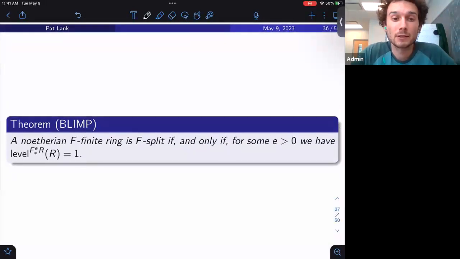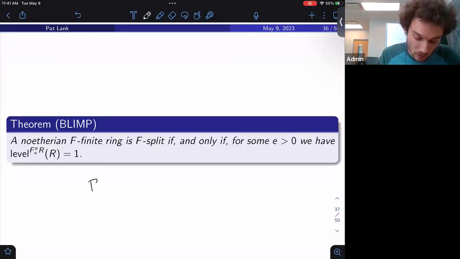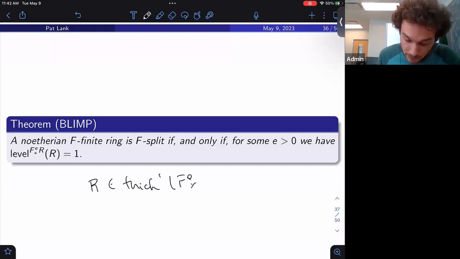And it can. So a noetherian F finite ring is Frobenius split if for some e large, the level of R with respect to the e-th push forward of R is 1. What this says is that R is inside thick 1 of F e star R. Again, what does this mean?